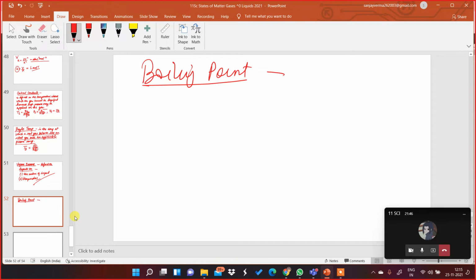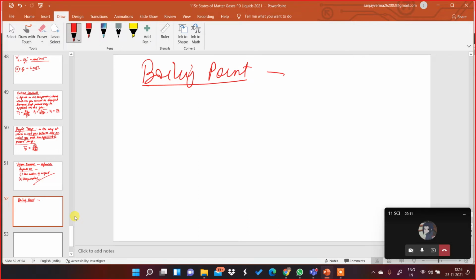Now, you have heard this word boiling point since class 7, 8, 9, 10, all over these years. Now, remember, the condition of free vaporization throughout the liquid is called boiling. So, if the vaporization is happening throughout the liquid, it starts to boil. Boiling point is the temperature at which the vapor pressure of the liquid becomes equal to the atmospheric pressure.